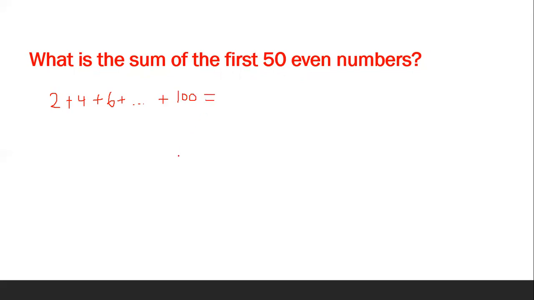Because for the first 50 even numbers, the last number should be 2 times 50, it's 100. So can we use the same formula or way to find the sum?